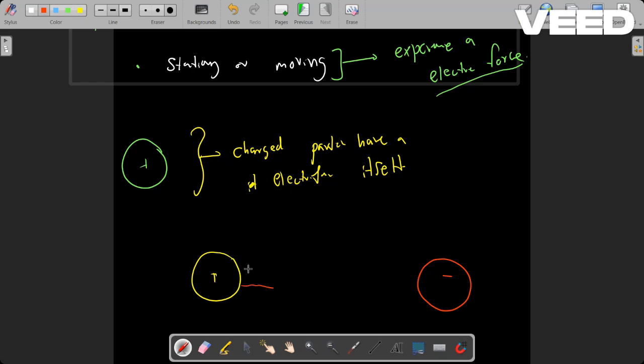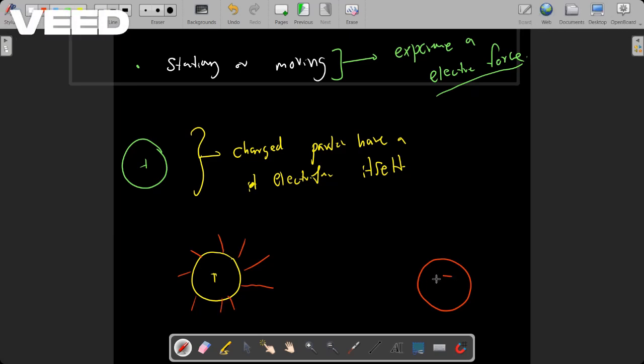Because of these electric fields, each is making a force on the neighboring particle. For example, this positive object is here, and it is creating a background electric field.